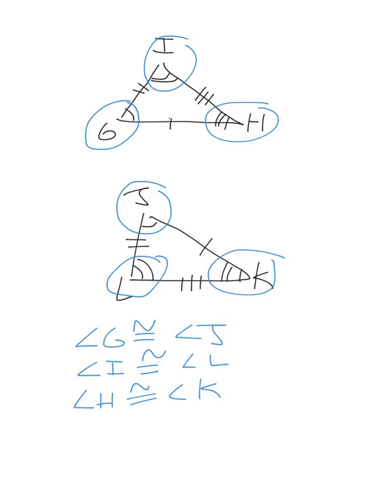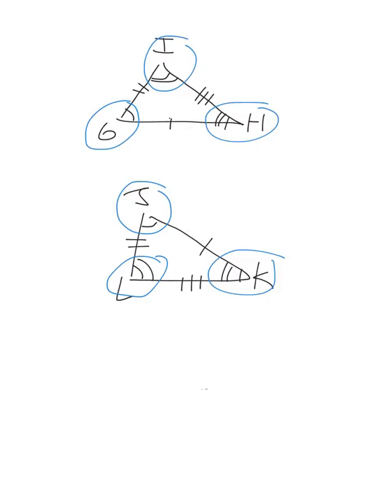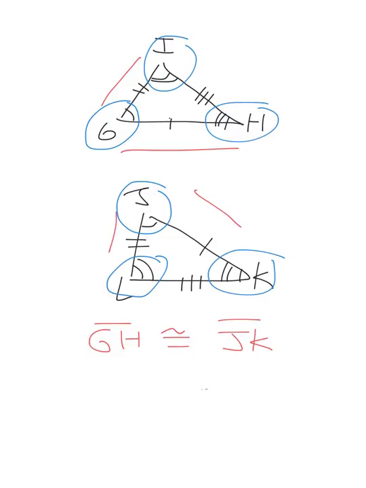If I go back and do side lengths, notice that GH has one tick mark, as does JK. So I'm going to say that side GH is congruent to side JK. Notice GI has two tick marks, as does JL.